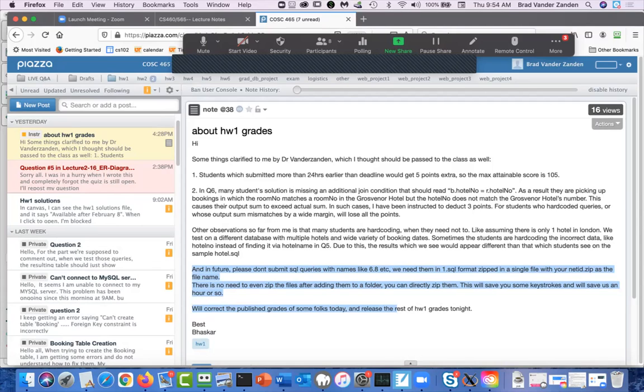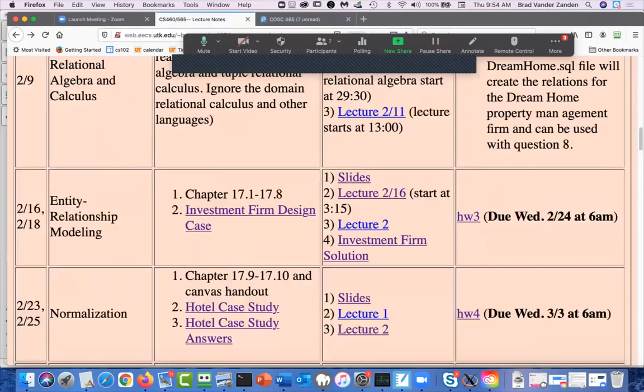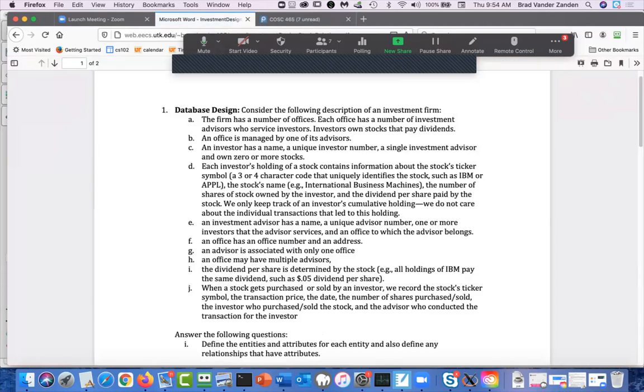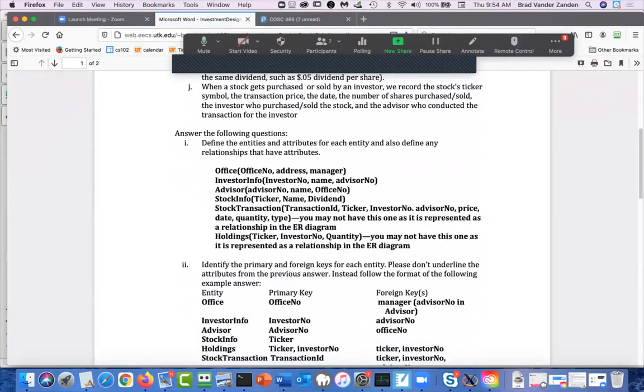So back to the content for a second. I know we haven't talked much about implementation yet, but is it fair to say that both entities and relationships with attributes would be implemented as tables themselves? Exactly. If you look at my solution, any entity will be a table. Any relationship that has attributes will be a table.